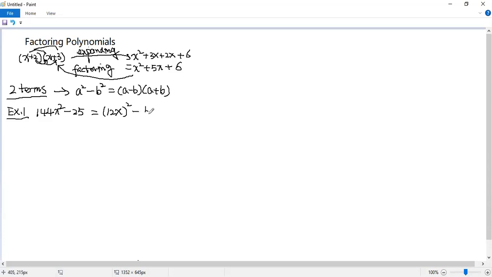The second term is 5 squared. So you can view 12x as a and 5 as b. So we get a minus b, which is 12x minus 5, times a plus b, 12x plus 5.